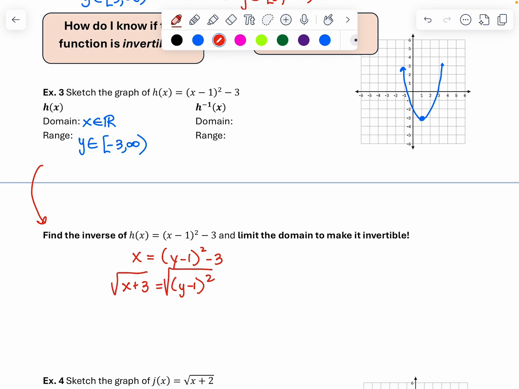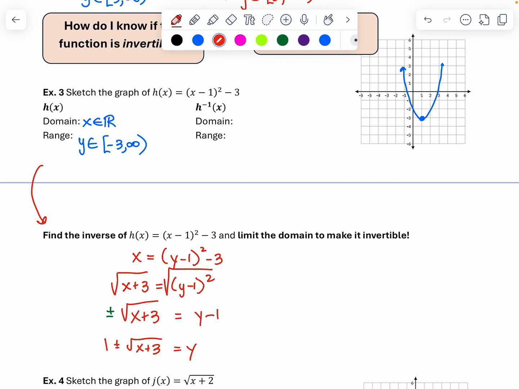Hopefully in your head, when I say square root both sides, you are already hearing, well, that gives us a plus or minus answer. So I have plus or minus root x plus 3 equals y minus 1. I add 1 to both sides, and I have 1 plus or minus root x plus 3 equals y.